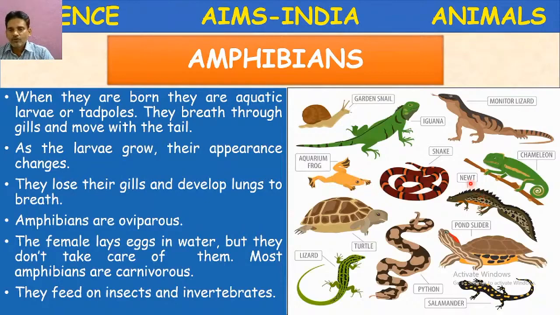Next, newt. It is also amphibian. The next, salamander. This is also amphibian. The remaining are reptiles. So, salamanders, frogs, newt. These are the examples of amphibians.